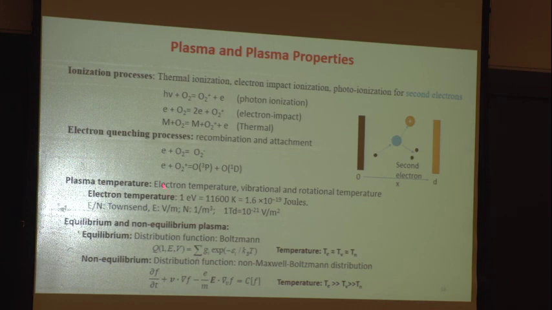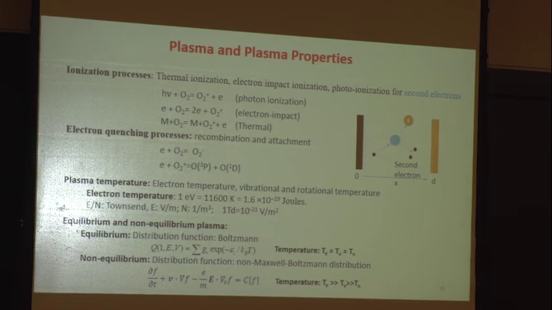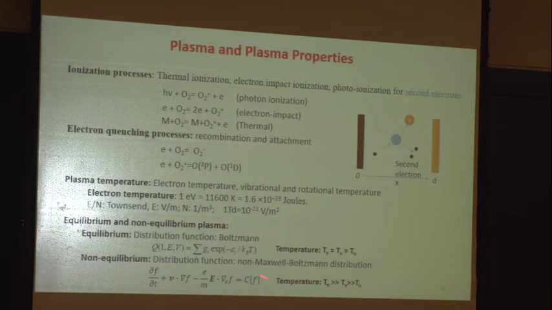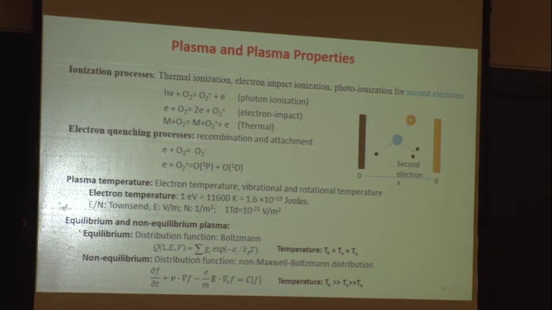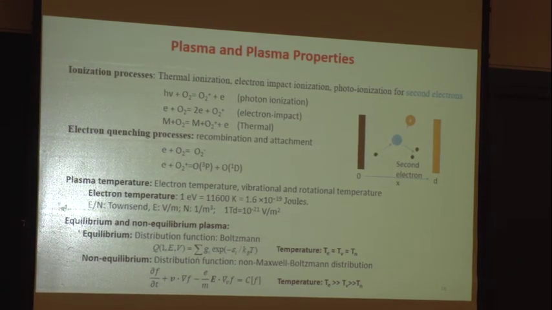So if I give you E over N, how do I know my temperature? The electron temperature distribution has to be solved by the Boltzmann equation. You have a collisional relaxation term here. This is how people solve for the electron energy in a plasma, in plasma combustion.